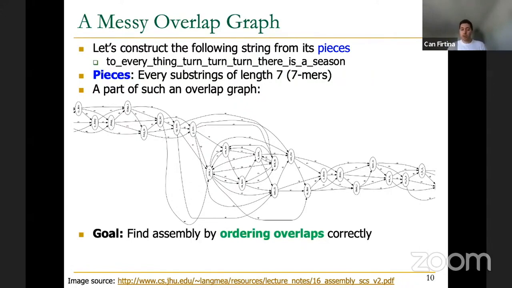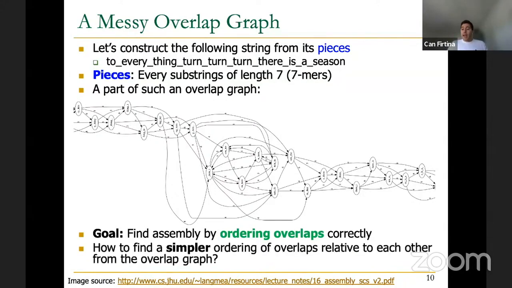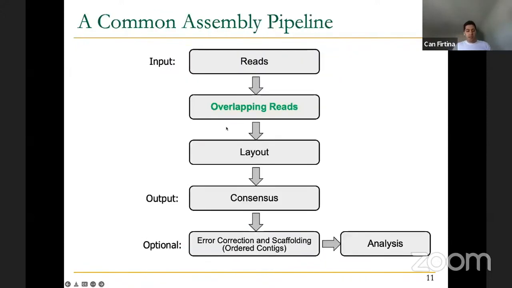That's very important. We want to start from the correct region. We want to find the ordering of overlaps correctly. Another thing, we want to make it as simple as possible. So how do we find a simple ordering of overlaps relative to each other from the overlap graph? Here comes the layout step to achieve this goal.